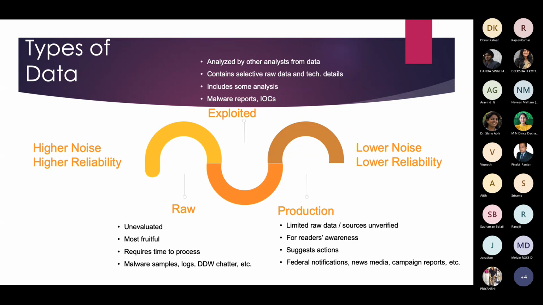Domain names, hashes, IP addresses change very, very frequently, so it depends on the age of the data we're getting. So if the management asks whether this report is reliable, then the answer would be no, because everything is changing frequently.